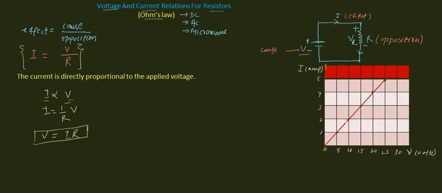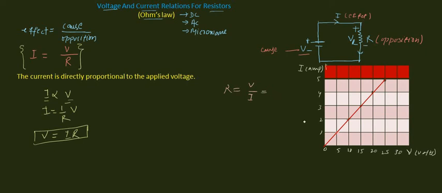The straight line of this graph reveals that for any change in voltage and current, the value of the resistance of this resistor will be the same or constant. For such a system in which the value of resistance is constant, we can find the value of resistance at any point in this graph by using Ohm's law, which states that R equals V divided by I. If you want to find the resistance at this point, the voltage at this point is 5 volts and the current is 1 ampere.